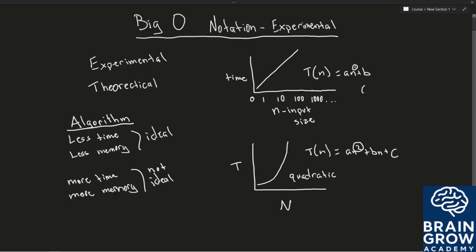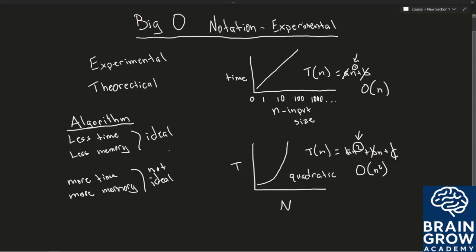So our big O notation for this would be O of n, and then our big O notation for this would be O of n squared. So we don't care about coefficients, so technically, we can get rid of these. We care about the highest power, which in this case is 2, and then in this case it's 1. And that is how we're able to represent our big O notation.